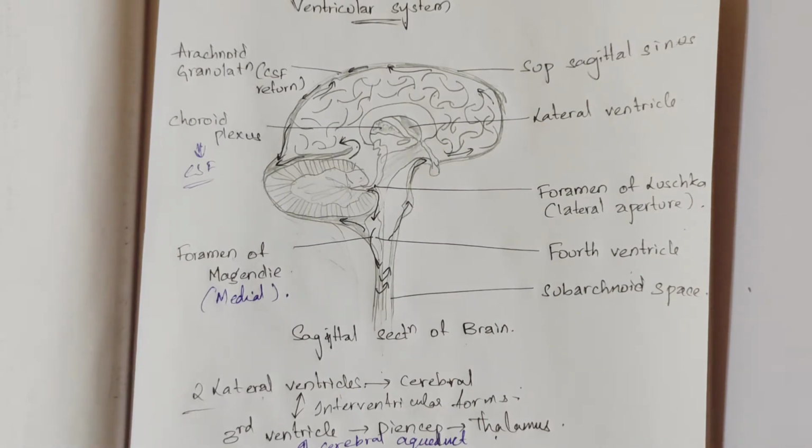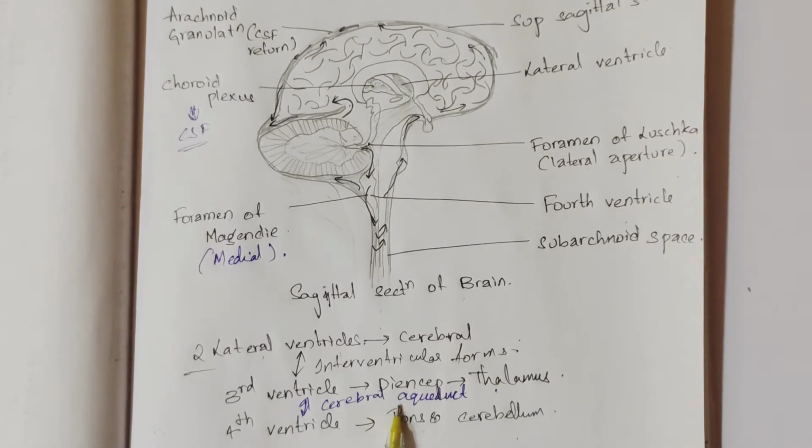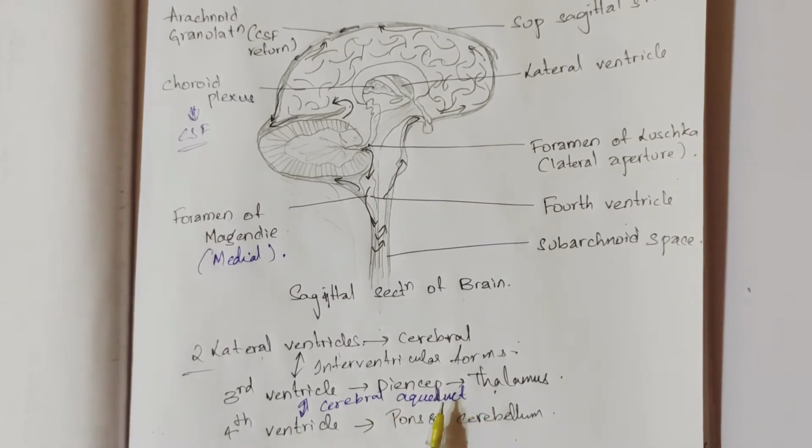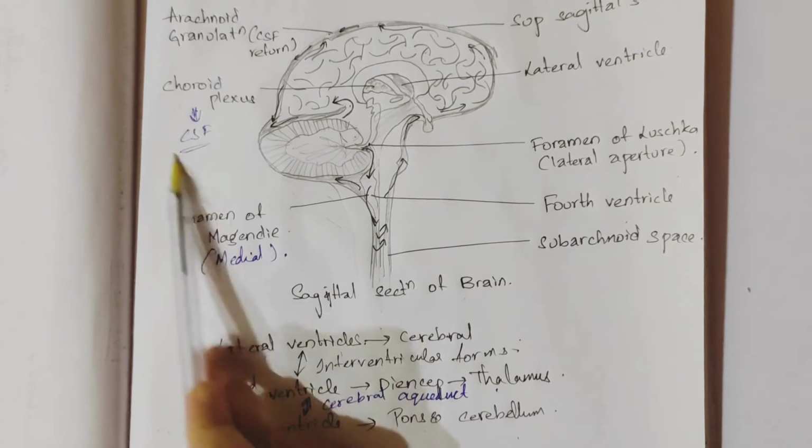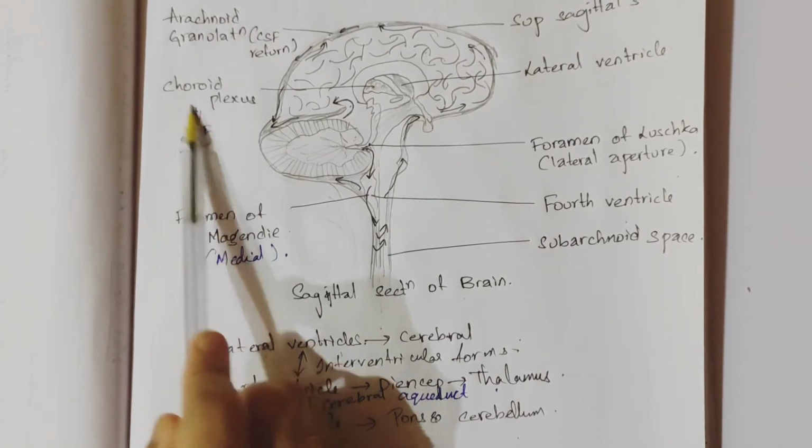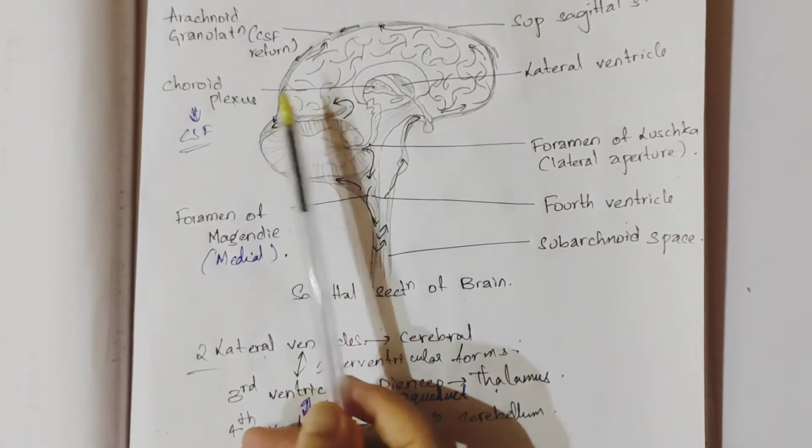The cerebral aqueduct can be blocked in children, as we know, and the CSF which is produced by the choroid plexus is in the fourth ventricle.